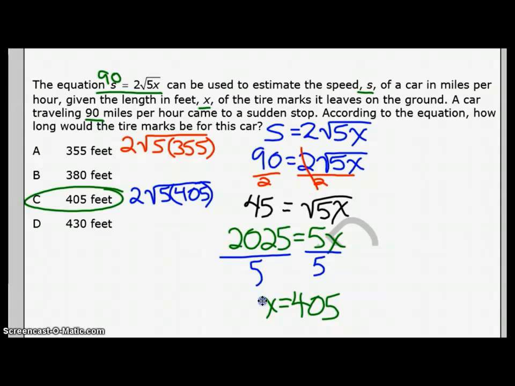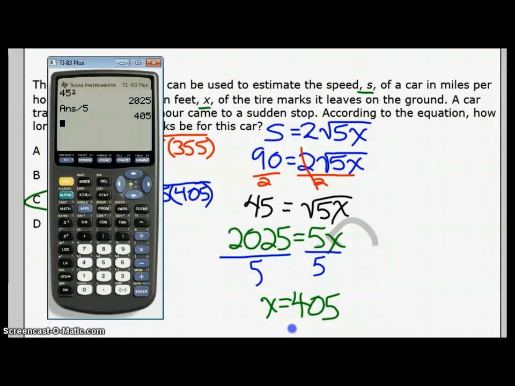One other way you could have done it would have been to graph 2 times the square root of 5x and 90. So if we go to our equation screen, 2 times square root and on the second line graph 90.